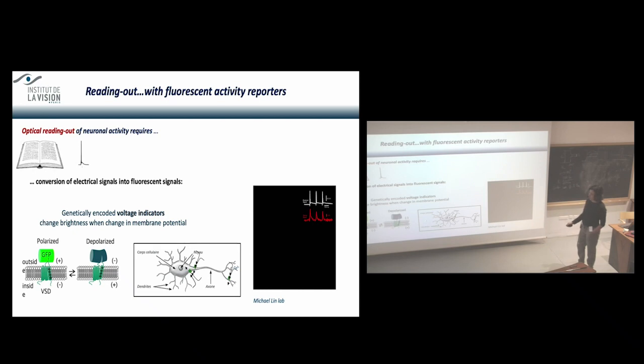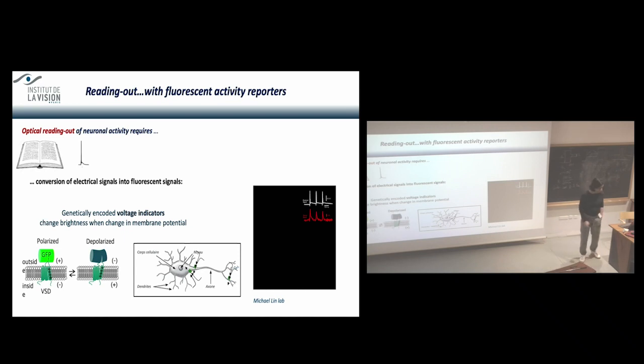And what happens is that, again, when the action potential propagates, this changes the membrane potential, and this change can either quench or enhance the fluorescence of your fluorescent domain. So now we are not sensitive to the calcium, but we are really sensitive to the membrane potential change.